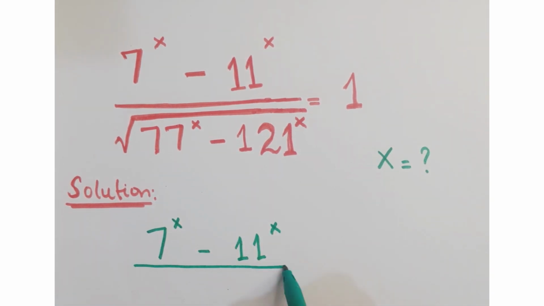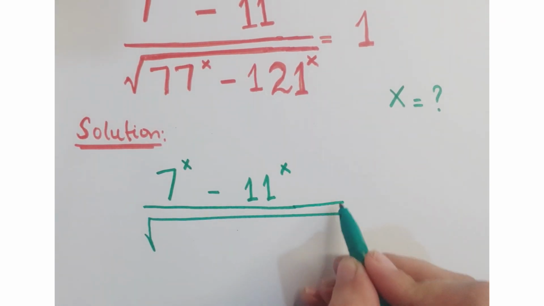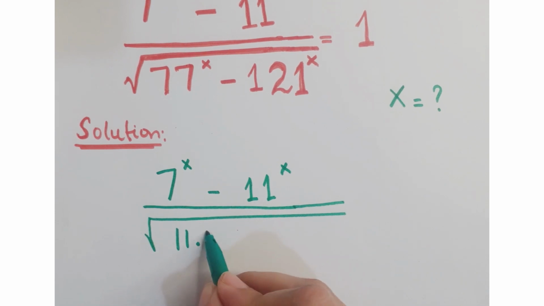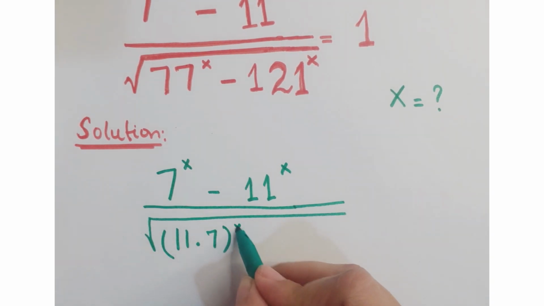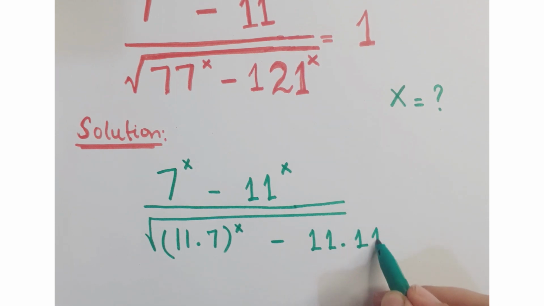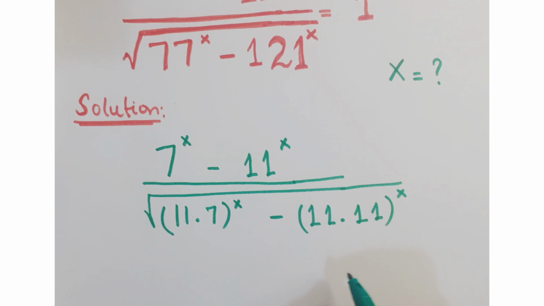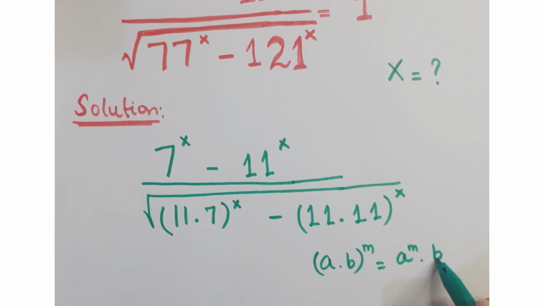We'll write the numerator as it is, and in the denominator 77 can be written as 11 into 7, minus 121 can be written as (11 into 11) whole to the power x. Now, as you know, (a into b) whole to the power m can be written as a^m into b^m.